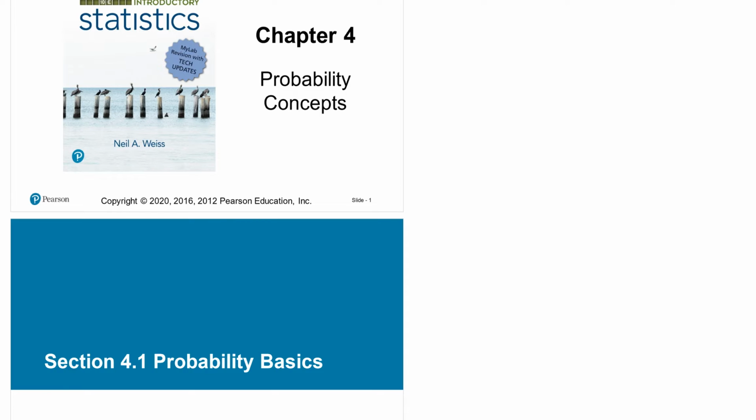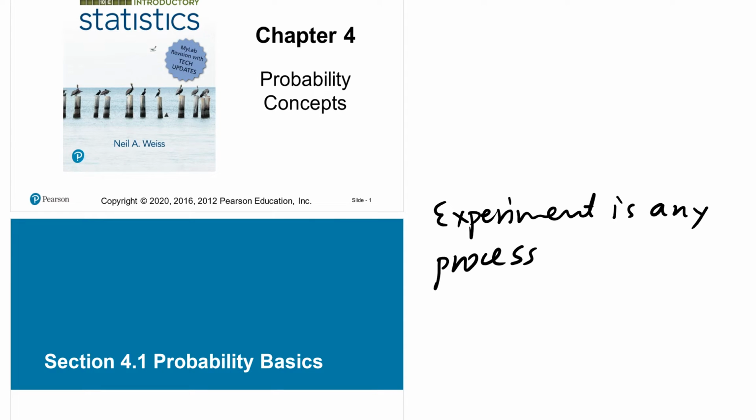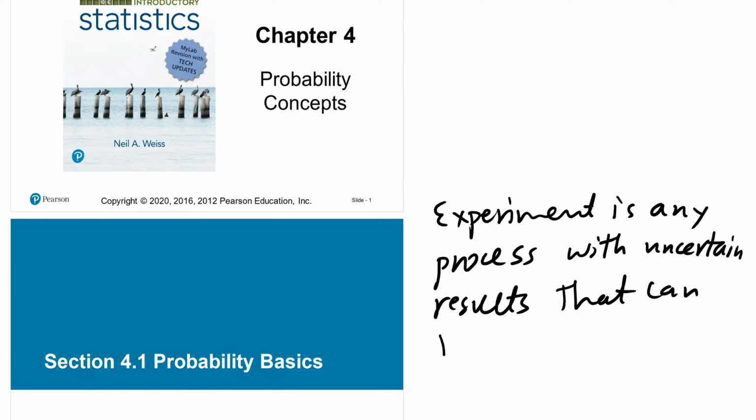So in probability, especially in statistics, we run experiments. And what is an experiment? By definition, an experiment is any process with uncertain results. We don't know what the results are going to really be. Uncertain results that can be repeated.